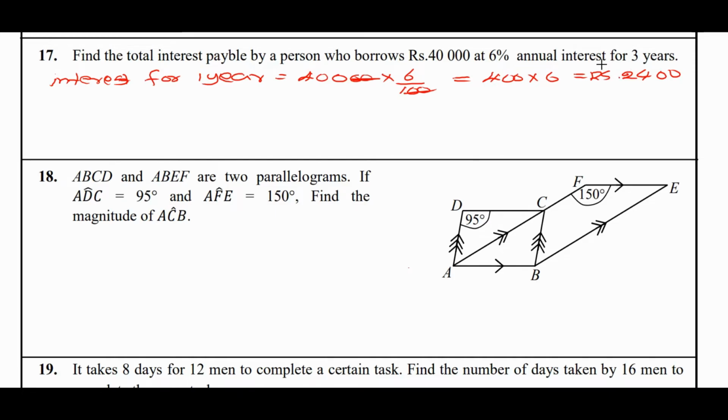But we have to calculate the interest for 3 years. Therefore, interest for 3 years is $2,400 into 3.